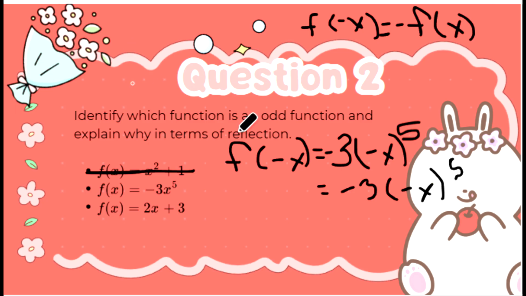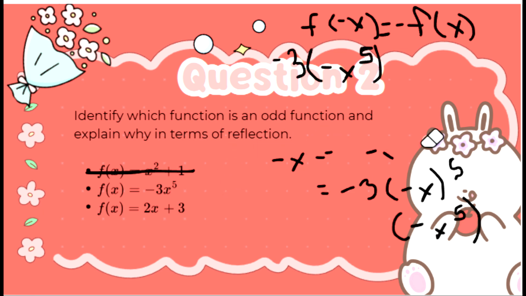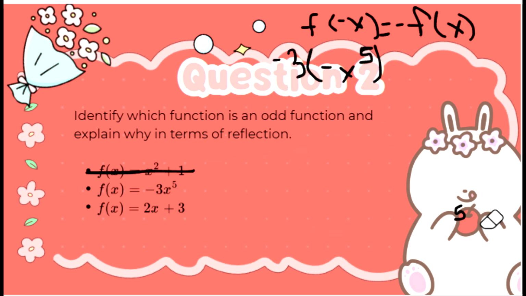That's another correct way to write it. Let's figure out the second formula, which is negative f of x. If we have a negative f of x, the whole problem is going to become negative.